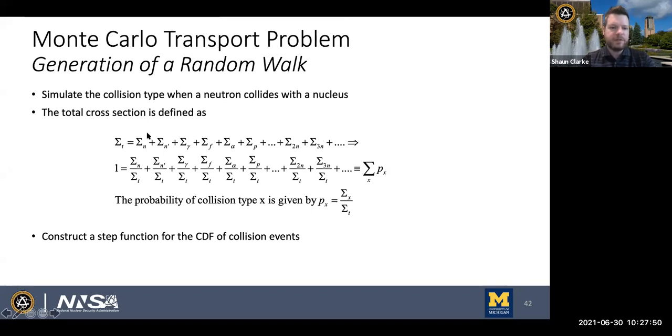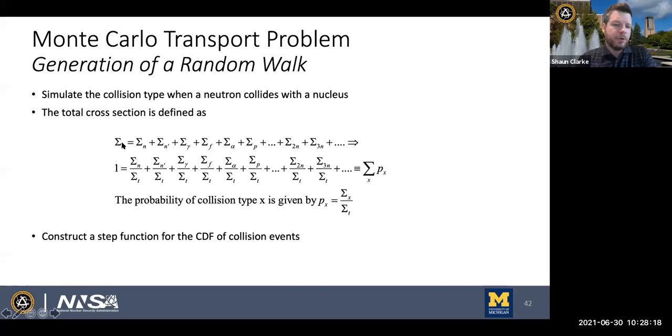And this is an example of a discrete PDF. So it's not unlike rolling a six-sided die like we talked about yesterday. Only in this case, the die has many more than 6 sides and the faces are not equally probable. But in principle, it's the same thing. It's a discrete PDF. So we need to normalize the discrete PDF. So we just divide the entire expression here by the total cross section.